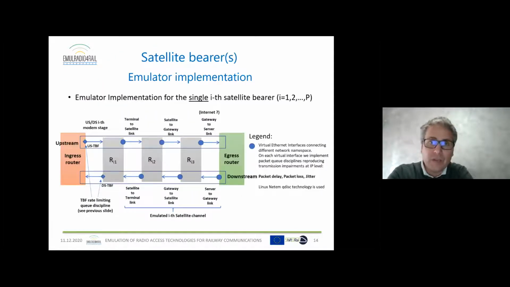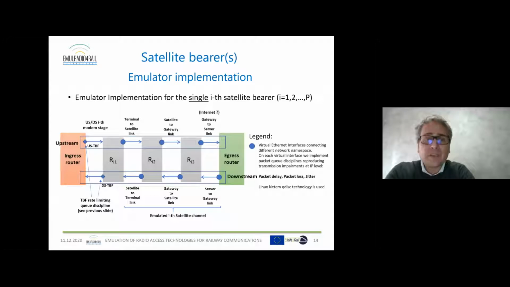For the single satellite bearer, where i is the index from 1 to P, for example, we can see the following scheme. On the left, we have the ingress router, and on the right, we have the egress router. Inside this link, we have three different virtual components, named RI1, RI2, and RI3.